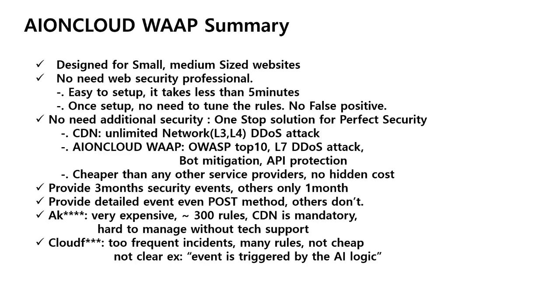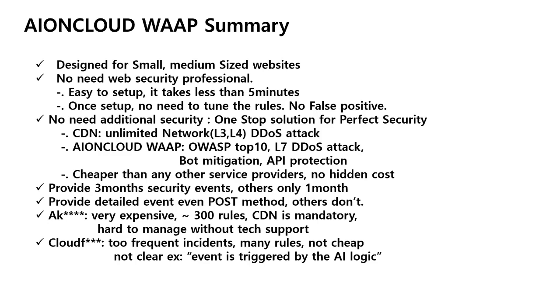For example, in the case of Akamai, basically it's very, very expensive. And moreover, it's hard to operate. So it's almost impossible to operate without technical support. That means you need to pay additionally to buy a technical support contract.